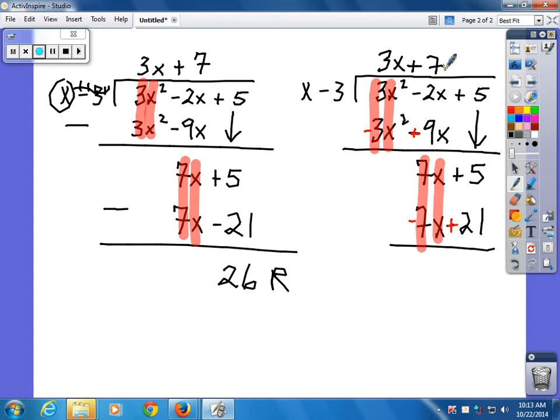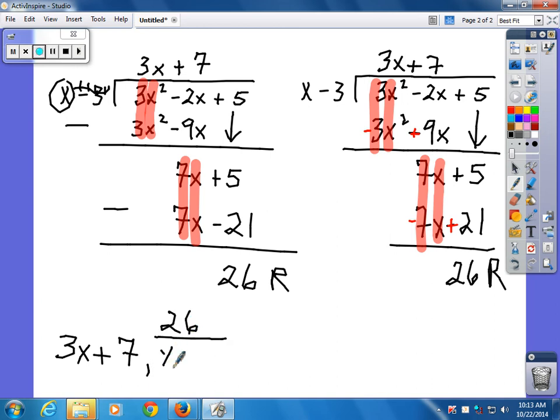Anyway, 5 plus 21 is 26 remainder. Now, there's two ways you can write the answer. And that is 3x plus 7, comma, 26 over x minus 3.